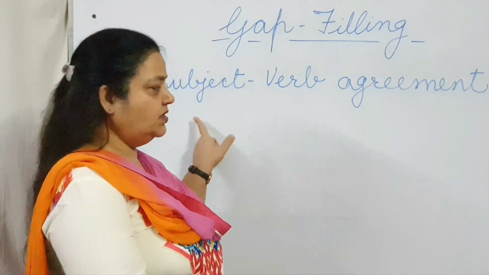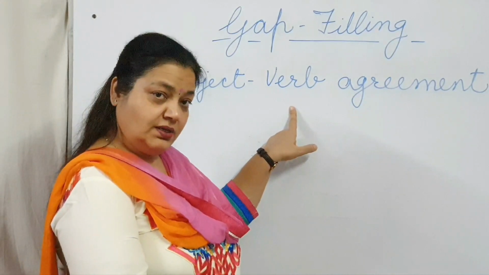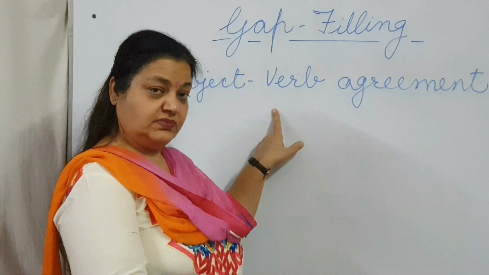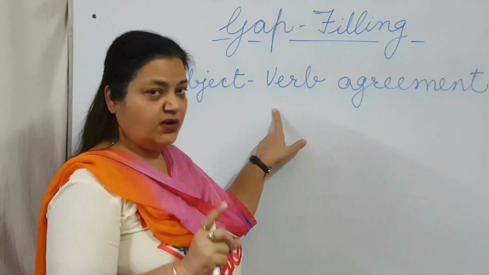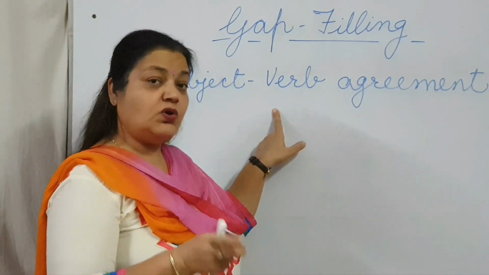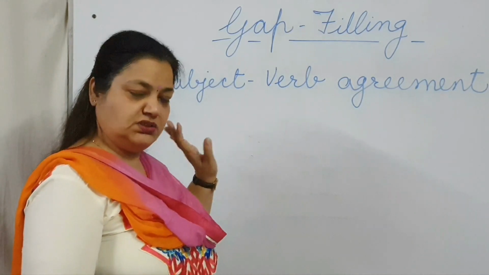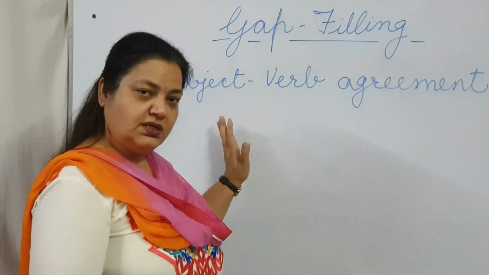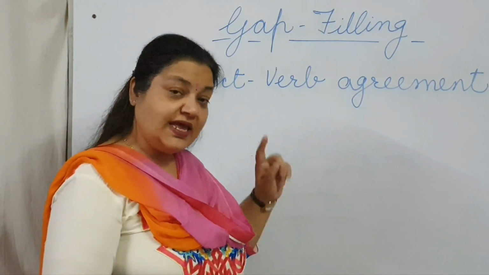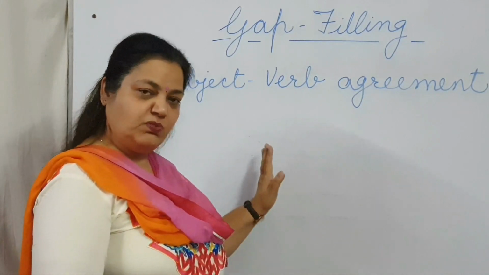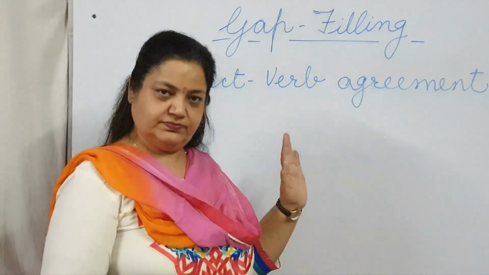If the subject is singular, the verb will be plural, and if the subject is plural, the verb will be singular. This I am talking about the main verb. Whereas your auxiliaries or the helping verb will take as the subject. If the subject is singular, the helping verb is singular. If the subject is plural, the helping verb also is plural.